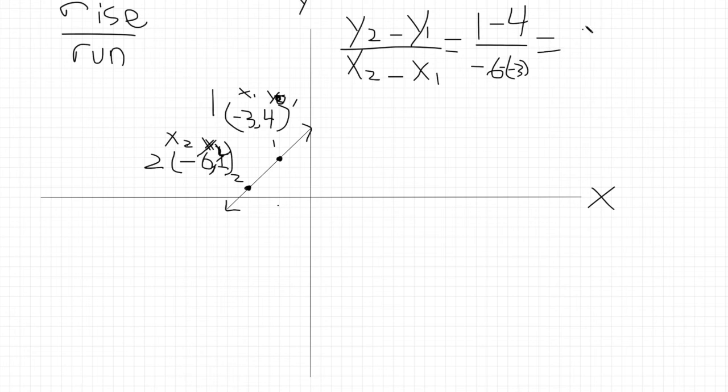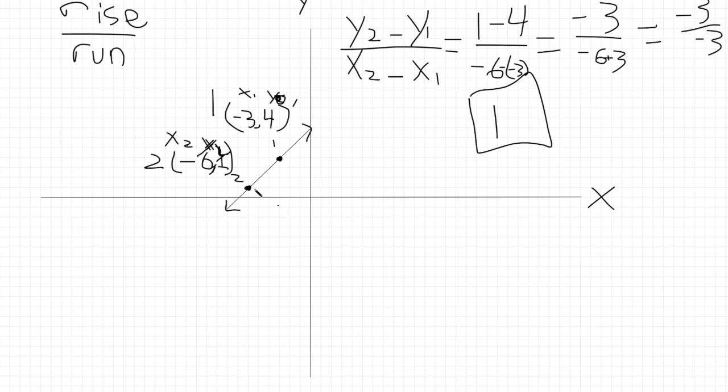So now let's simplify this. We now have minus 3 divided by minus 6 plus 3, which equals minus 3 divided by minus 3, which equals 1. So the slope of this point is 1.